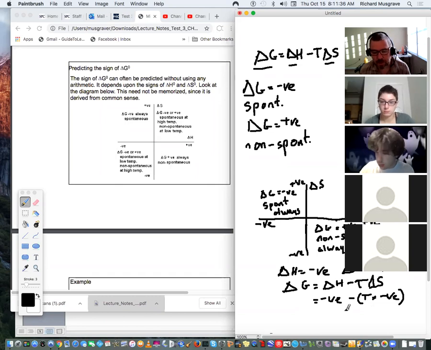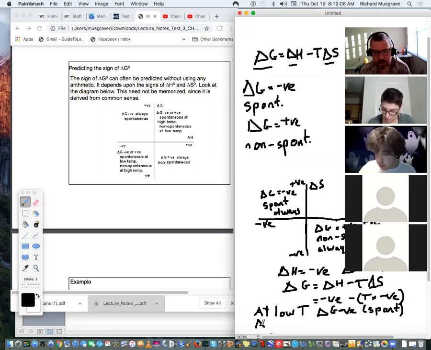Now this one is a little tougher to see, but if you have a low temperature, then delta G is going to be negative, and that's going to be spontaneous.